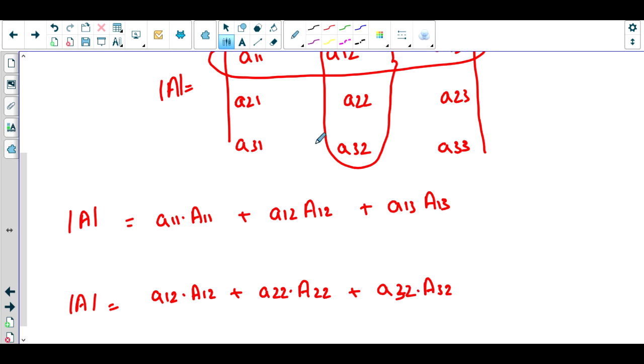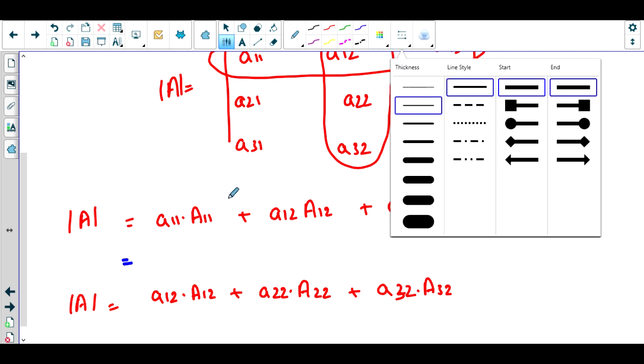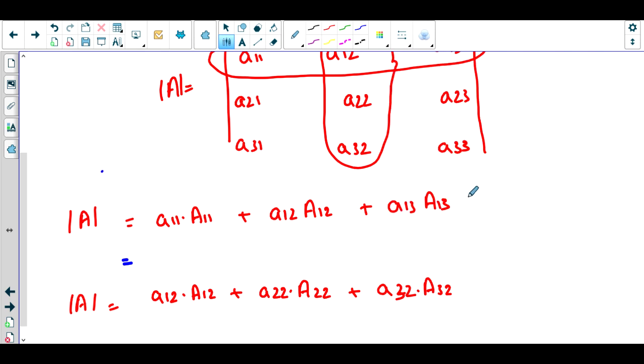Now you will also see in some books they convert this cofactor into minor. Yes, this is convertible, and it's very easy. Instead of using cofactor, if I want to use minor, like you will see in books also: this is A11.